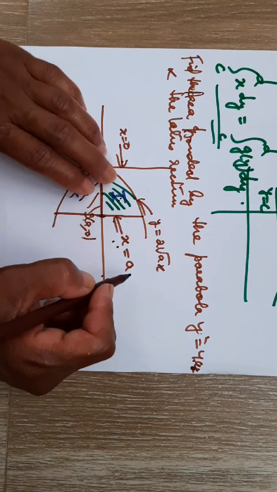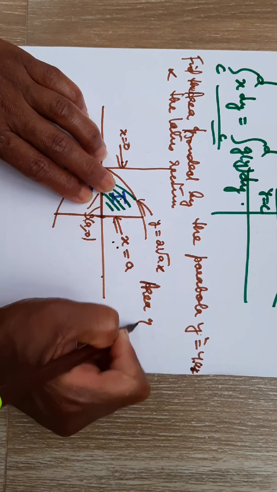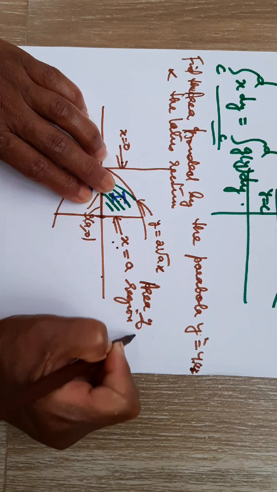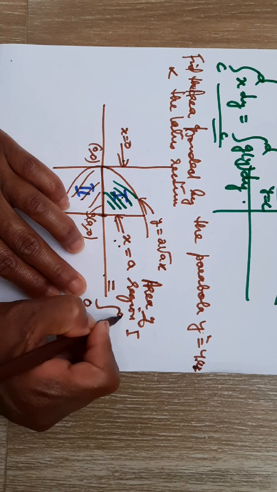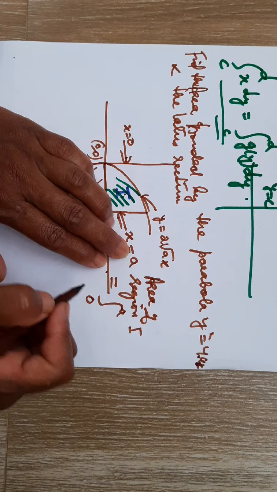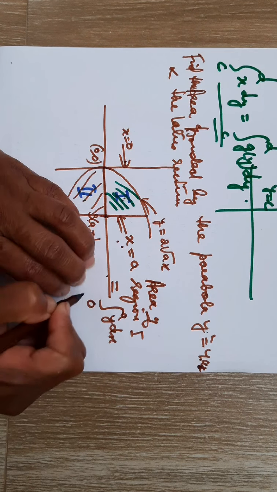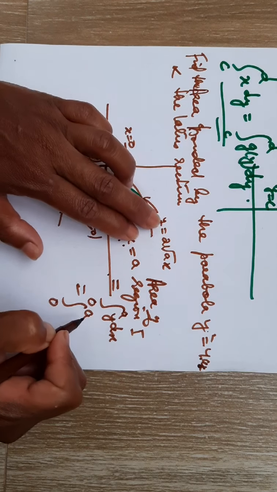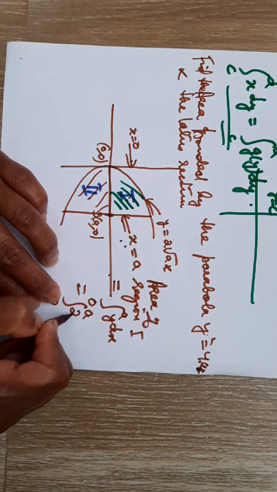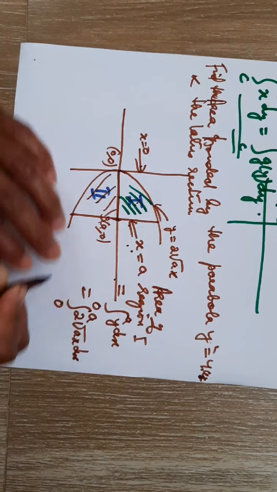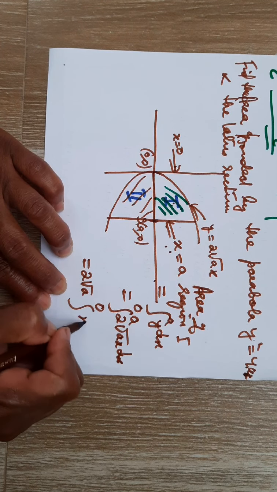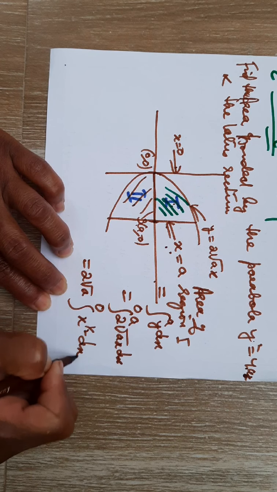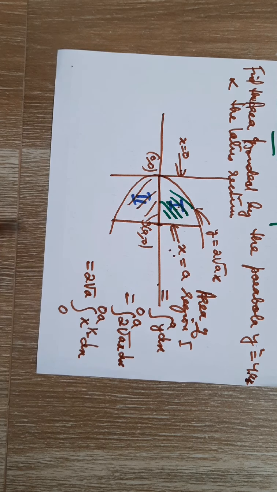The area of region 1 is integral 0 to a, that is x equal to 0 to x equal to a, of y dx. What is y? It is 2 root ax dx. So we take 2 root a outside, then integral x to the power half dx from 0 to a.